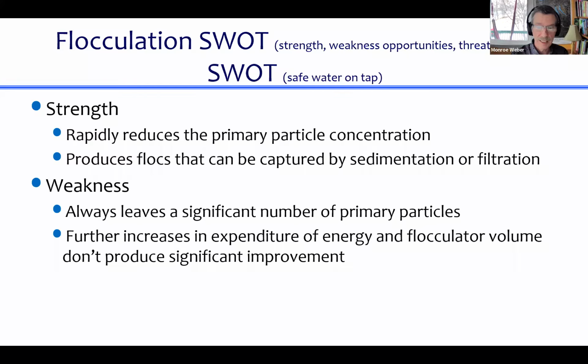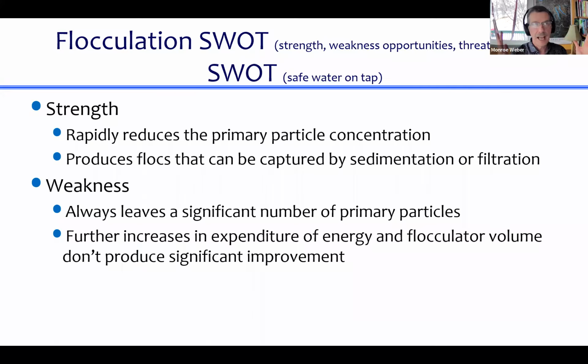The weakness of flocculation is that it always leaves a significant number of those primary particles that haven't flocculated. And getting the last ones out is a real problem, because remember the issue? Those small particles can only collide with other small particles, and there aren't many small particles left. So it takes a long time to get a collision between those remaining small particles, and so it takes a really long time to significantly reduce their concentration.